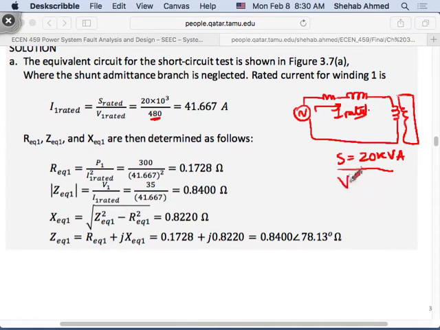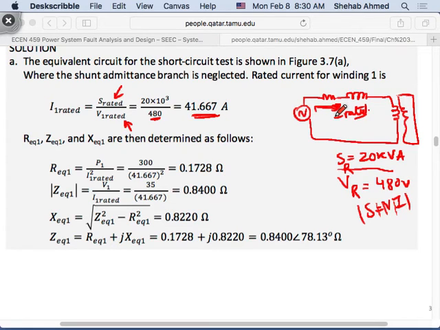And this is rated power, and this is rated voltage, equal to 480 volts on the primary. So from rated power, S equals V times I, as magnitudes, I know the rated current that I want to push through the winding.